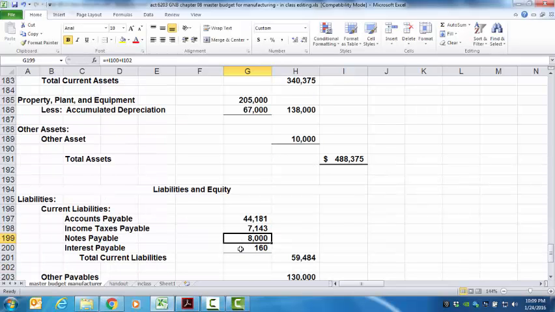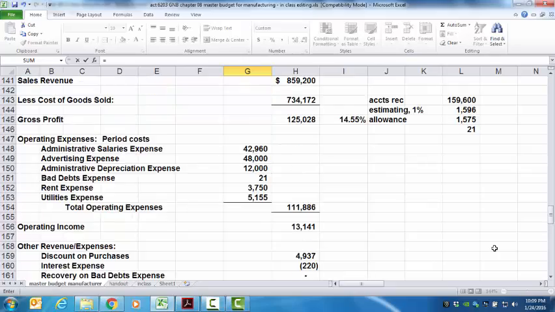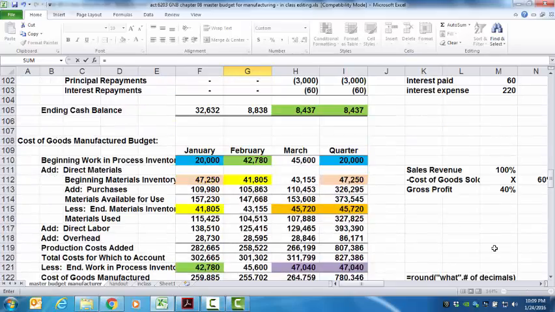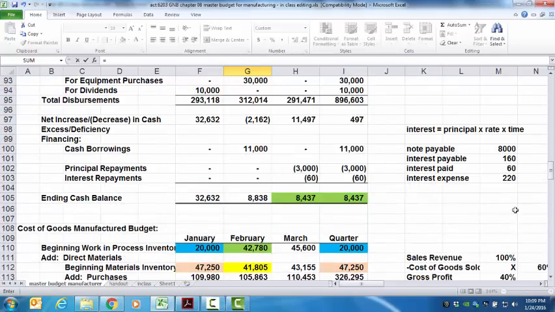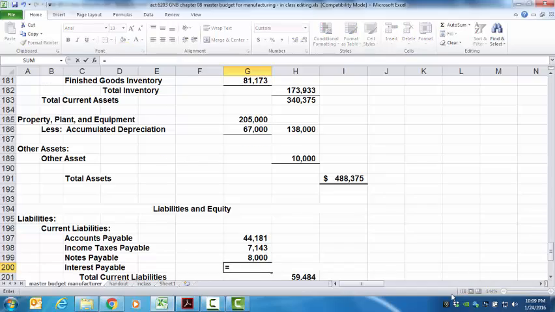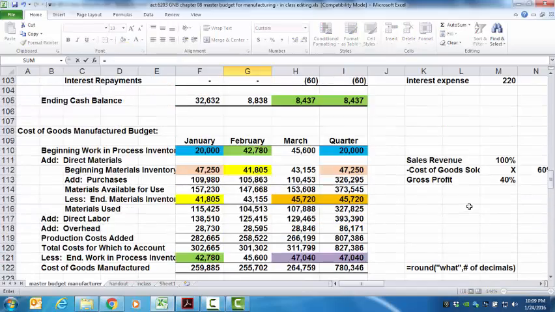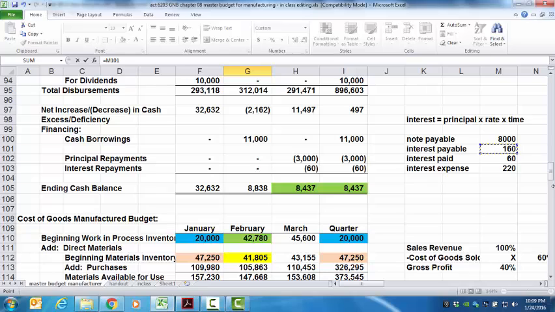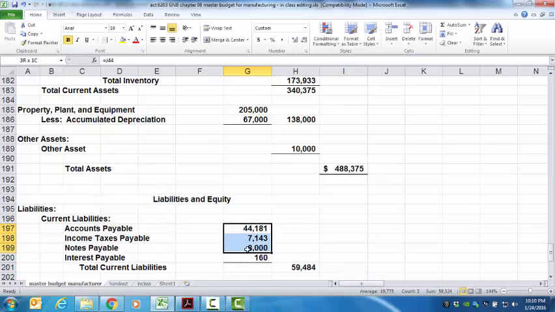The notes payable and the interest payable, if you recall, we calculated those back when we were dealing with the cash budget to try and determine what our interest expense would be. So there's the $8,000 and there's the $160 for interest. So I'll go ahead and just reference those back. And I can add all of those and I get my current liabilities. And remember, current means these are going to have to be paid with cash within a year.